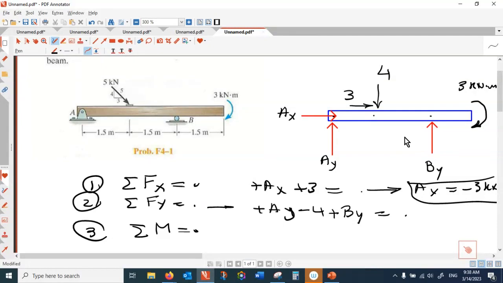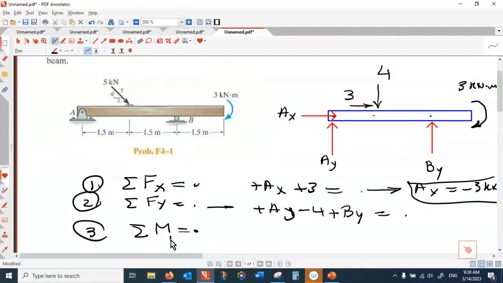If I take it at B, that would vanish BY rotation. That would vanish AX rotation. If I take it at A, that would vanish AY rotation, AX rotation. All right, so I think either point would serve the same ease.